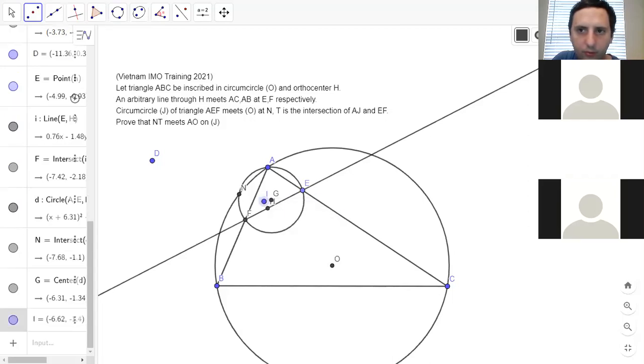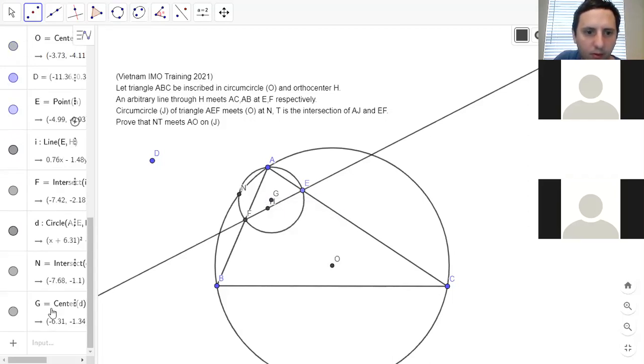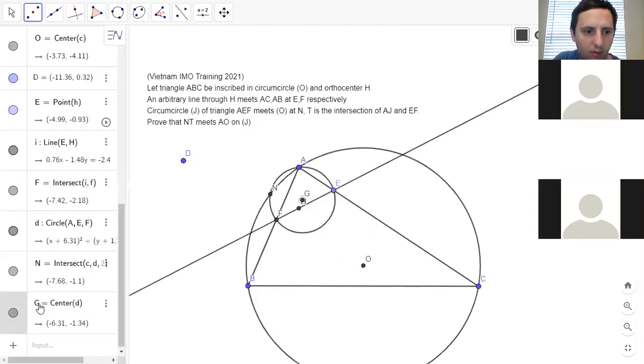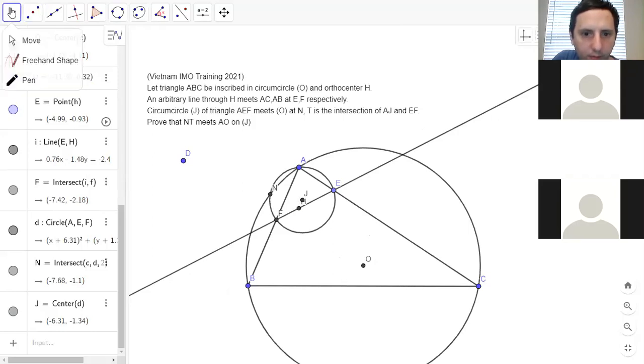I don't want H, I want J. And P is the intersection of AJ and EF.